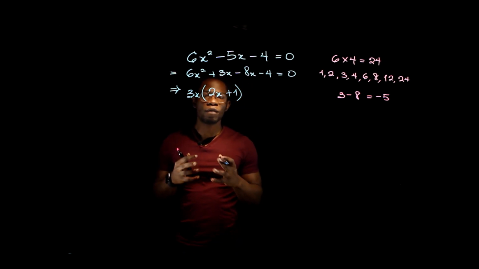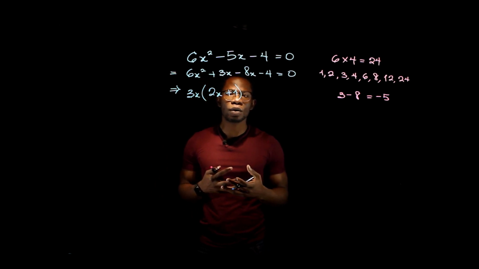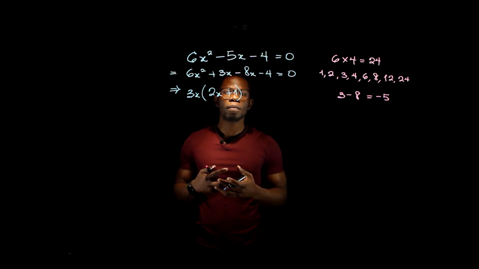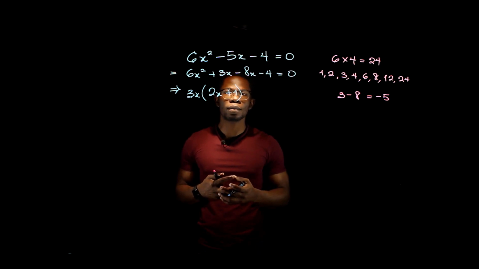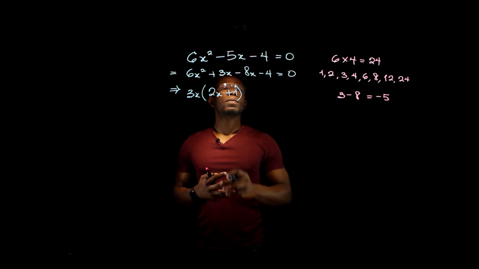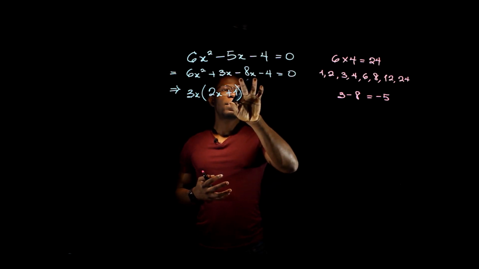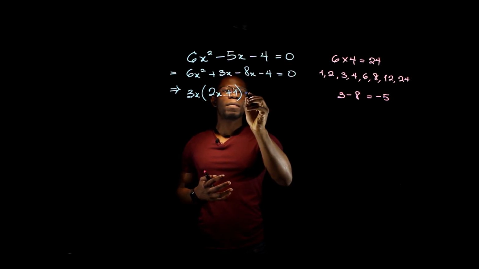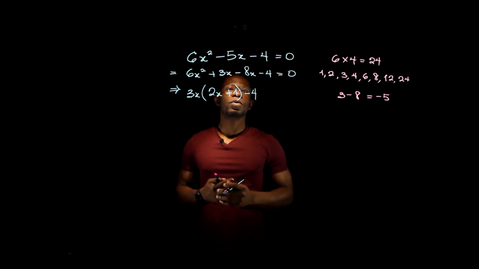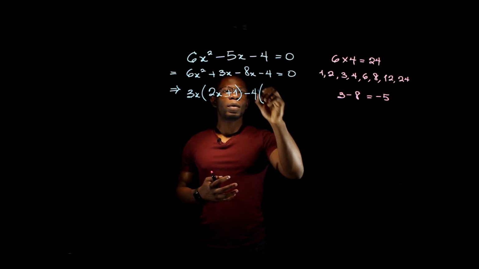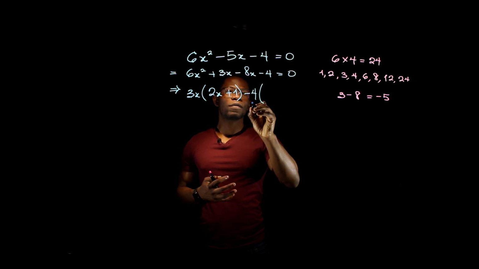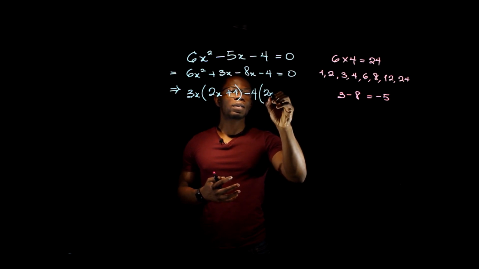I forgot to mention, if you need more explanation, an in-depth explanation on factorizing polynomials, please see my video on polynomials. Now let's continue. To factorize minus 8x and minus 4, we have the minus 4 is common to both terms here. So minus 8x divided by minus 4 will be equal to 2x.